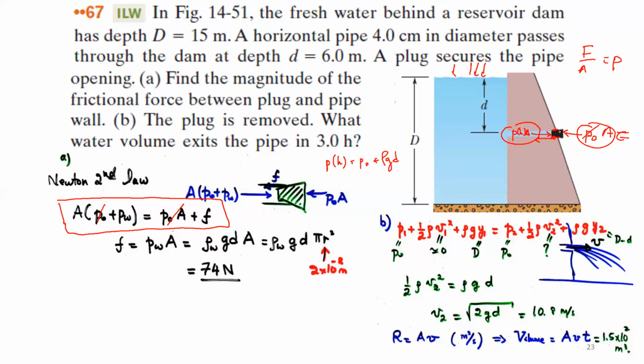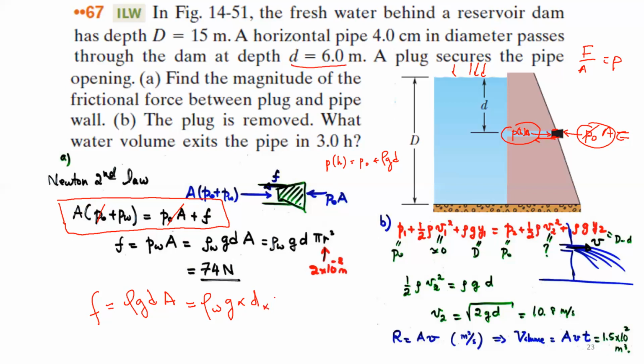My frictional force has to just counterbalance the hydrostatic pressure. So the frictional force F should be equal to the hydrostatic pressure, rho g d, multiplied by the cross-sectional area. So the frictional force will be rho water times g, 9.8, multiplied by d, the depth, which is given as 6 meters, times A.